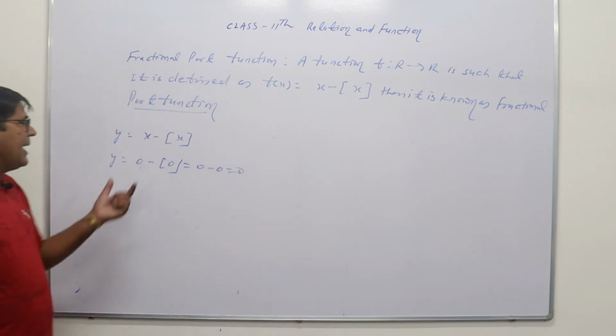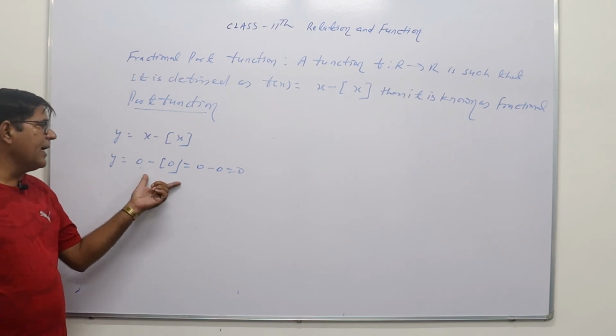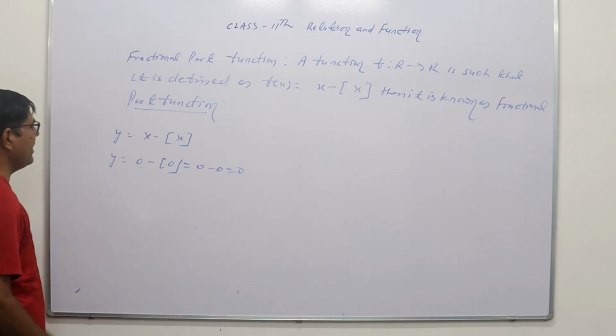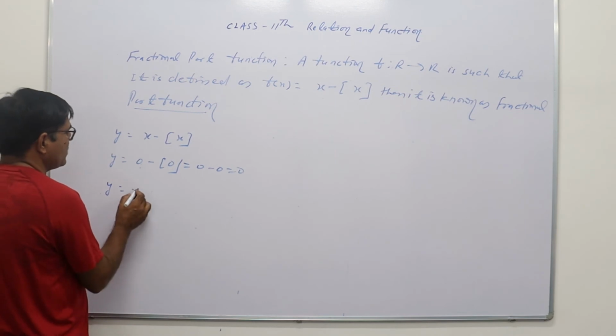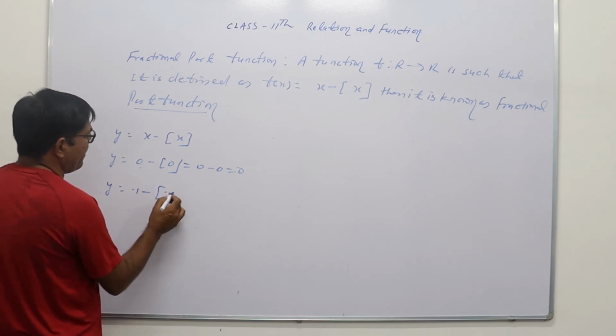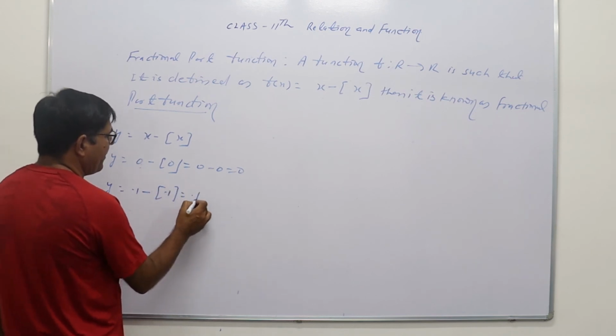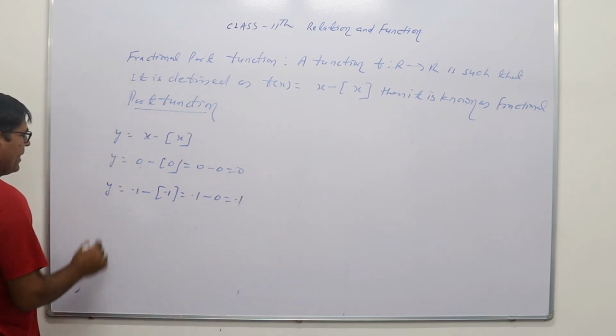So for every integer, y will also be an integer, but for in-between values, let us suppose we take x equal to 0.1, then 0.1 minus greatest integer of 0.1. The greatest integer of 0.1 is 0, so 0.1 minus 0 will be equal to 0.1.